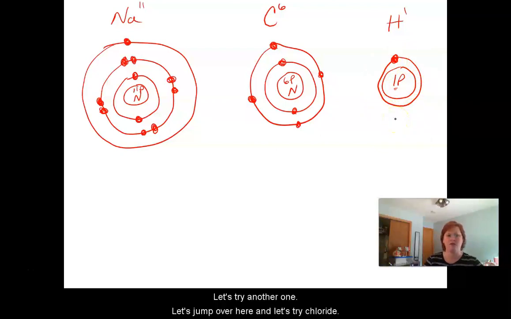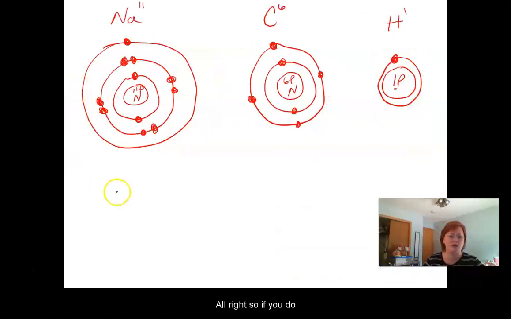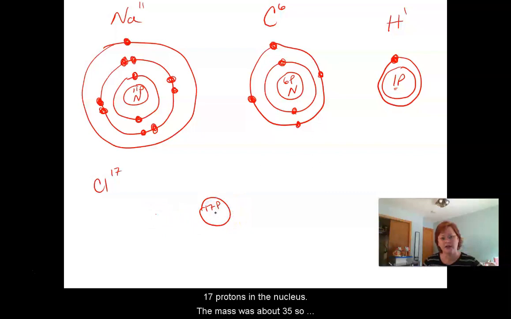Let's try another one. Let's jump over here and let's try chloride. Chloride has an atomic number of 17 and a mass of about 35. All right, so if we do chloride, we know it has an atomic number of 17. So we're going to put 17 protons in the nucleus. The mass was about 35, so we know there are neutrons.